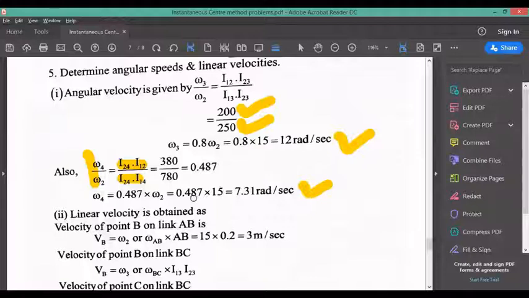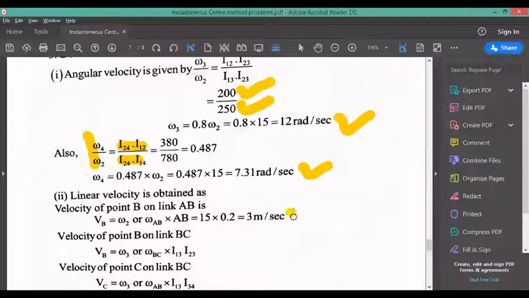Once we get the angular velocities, we can find the linear velocity just by multiplying by the length of the links. So VB we can find just by multiplying the angular velocity with the length of the link AB, that is 0.2 meters. Also, the point B is on link BC.